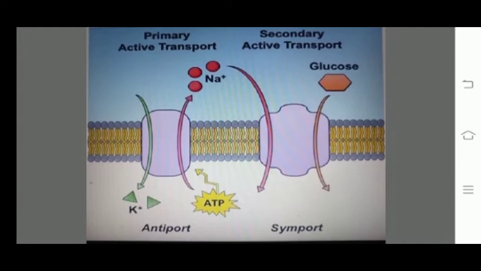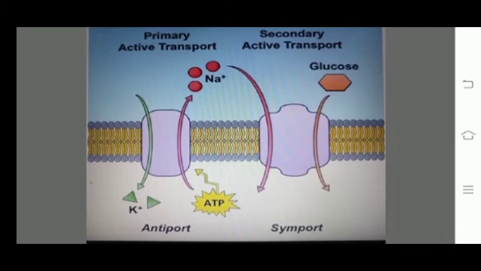Okay, and there are also two terms, antiport and symport. If the movement of the primary active transporter and secondary active transporter is in the same direction, it is called symport. And if it is in a different direction, it is called antiport. In the picture you can see potassium plus and sodium plus antiport, and sodium and glucose is symport.